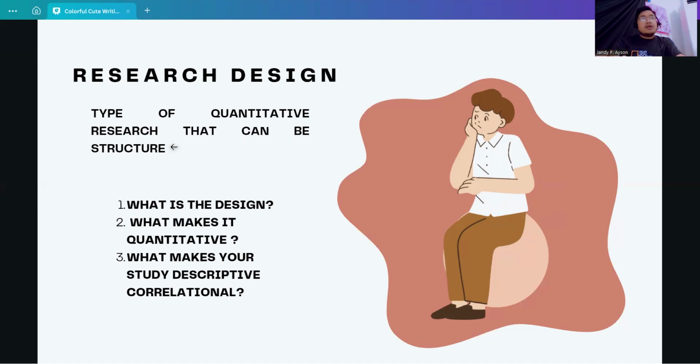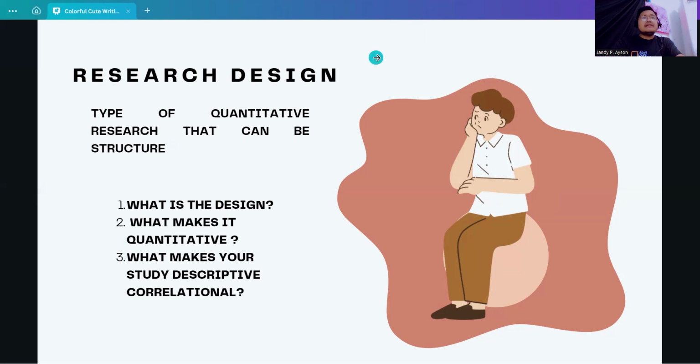Kasi when you know the design that you are to use, then matutulungan ka niya para ma-determine kung ano pa yung ibang kailangan ng research paper mo, such as ano ba yung dapat na approach sa mga SOP questions mo, paano mo dapat ilalatag yung SOP questions mo. Alongside with that, paano mo ma-relate yung mga survey questionnaire mo para masagot yung SOP questions mo, and a lot more yung pwedeng ma-touch ng ating research design.